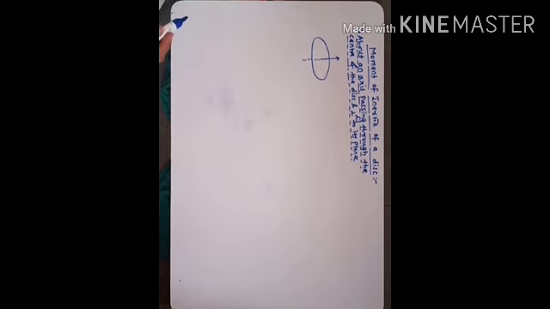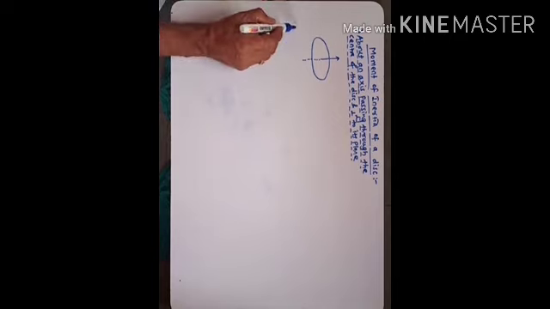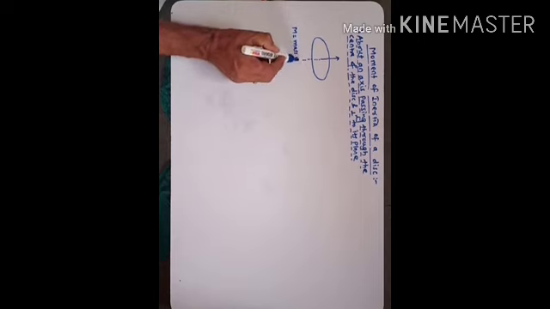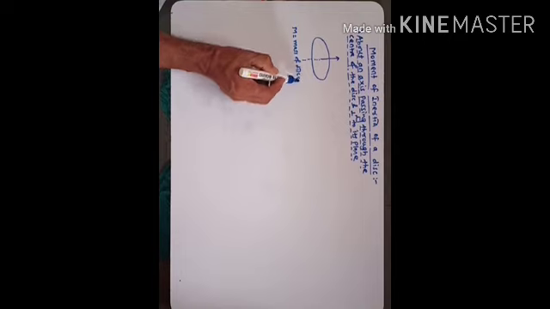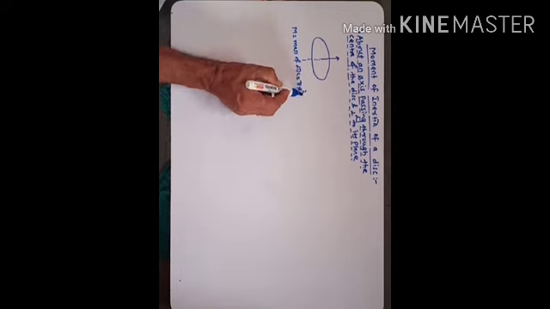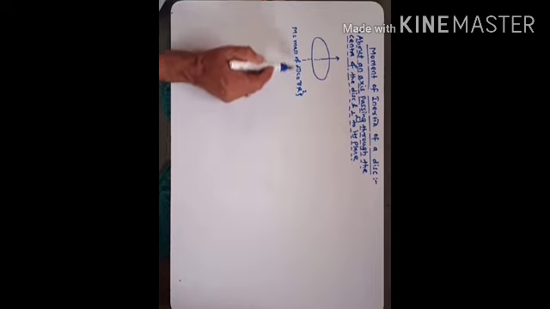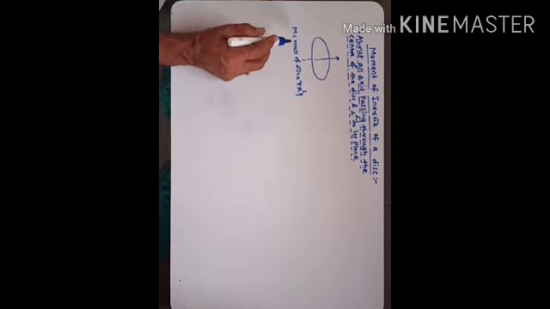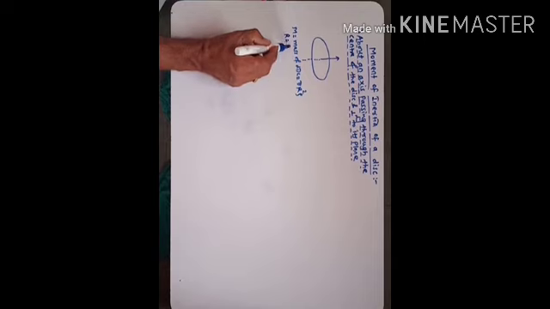Suppose we consider capital M is equal to mass of disk, which is equal to pi r square rho. If r is the radius and rho is the density of material, then mass can be written like this, pi r square rho. Capital R, radius of disk.